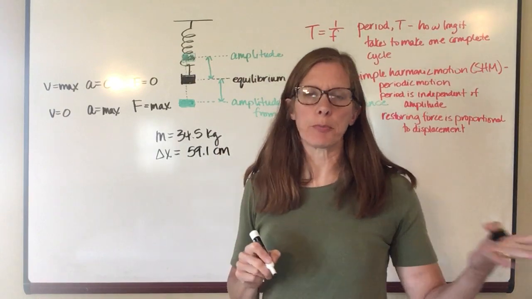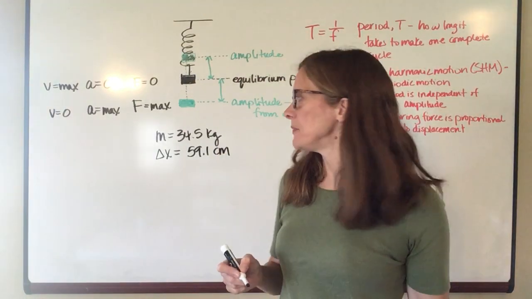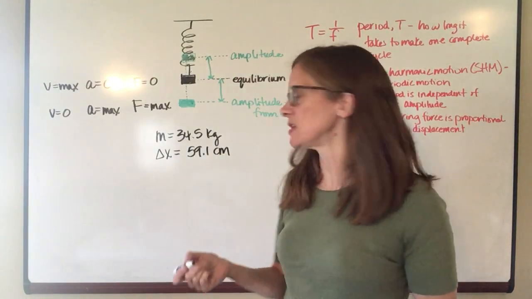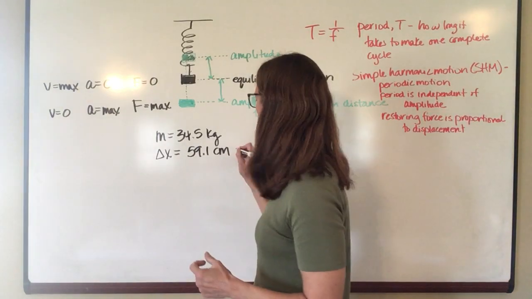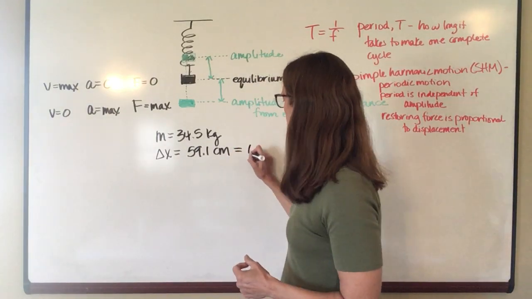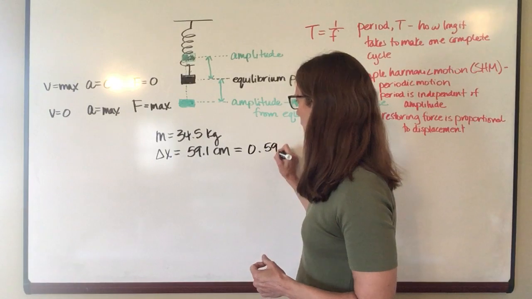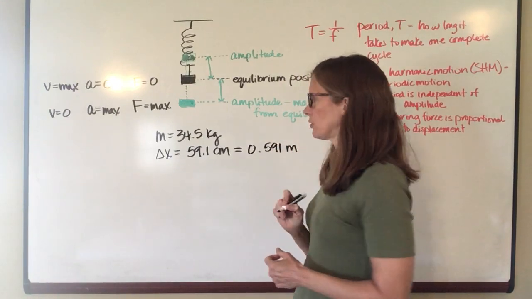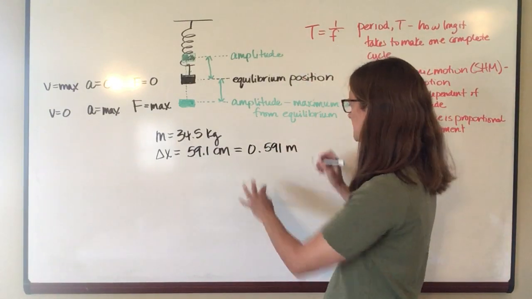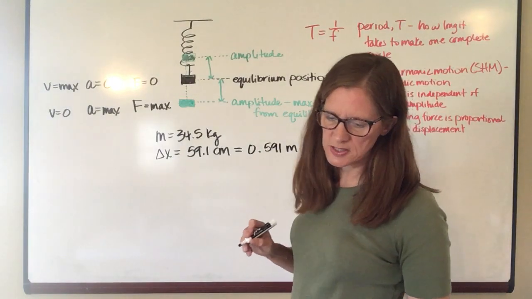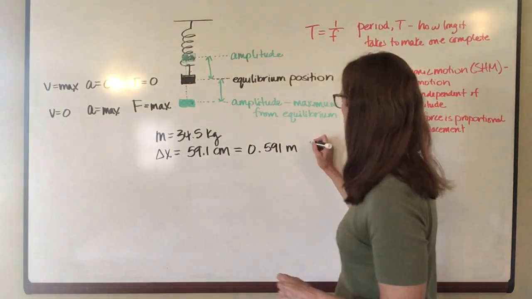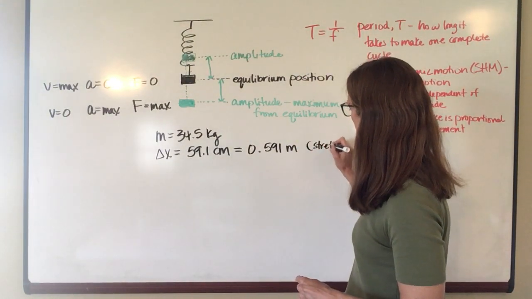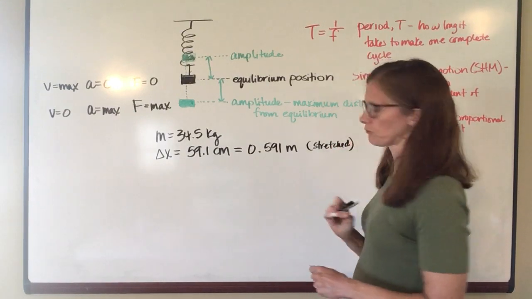And I learned from the problems that I did before that this is going to have to be in meters, so it's an SI unit, so all my units match. So let's go ahead and change that. That's going to be 0.591 meters. And this is the case once the spring is actually stretched, once I've hung the mass on it. Okay?